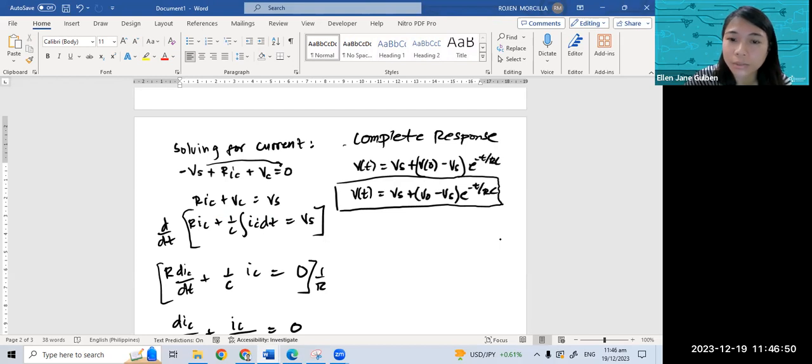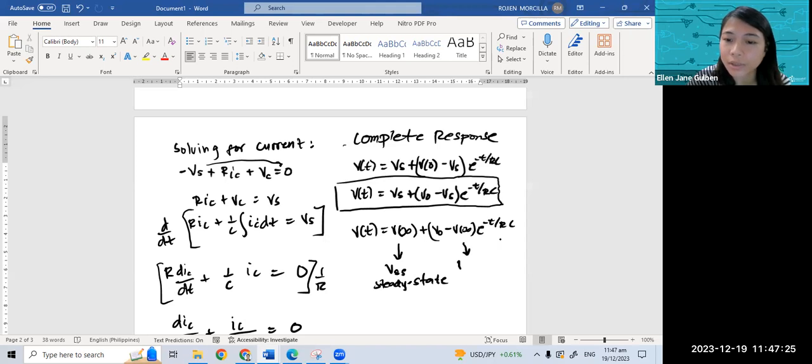Complete response, we get v(t) is equal to V infinity plus (VO minus V infinity) e to the negative t over RC. This one is your VSS or steady state, and this one is your transient response.